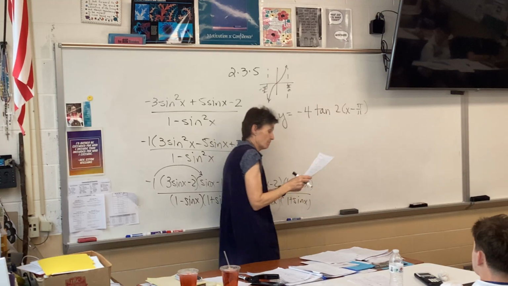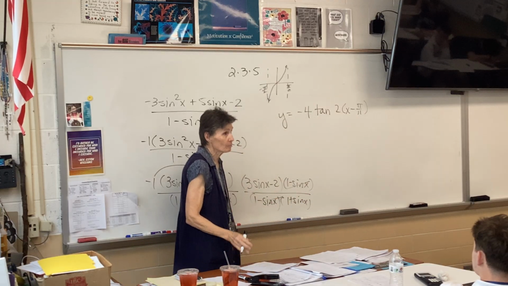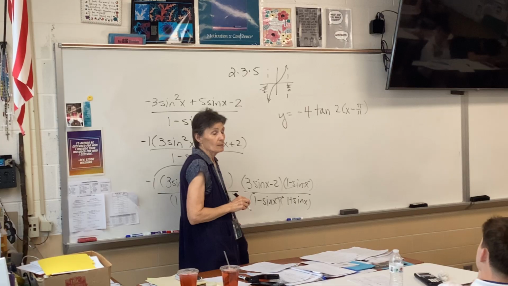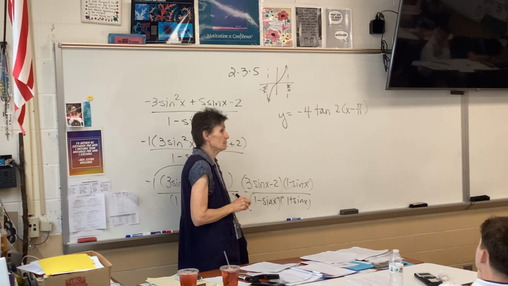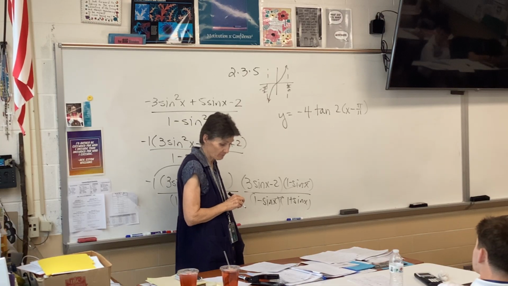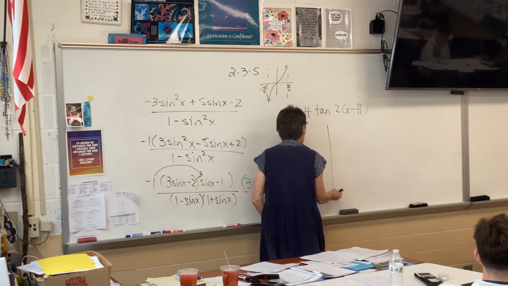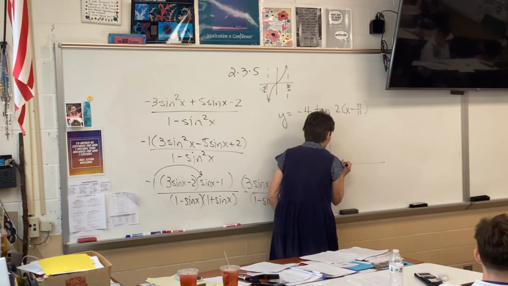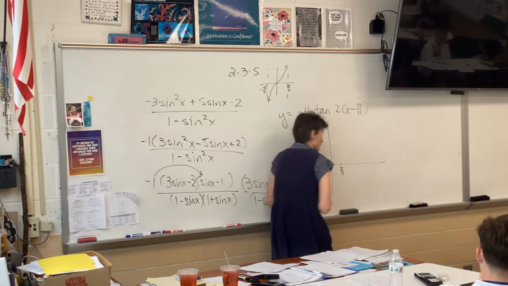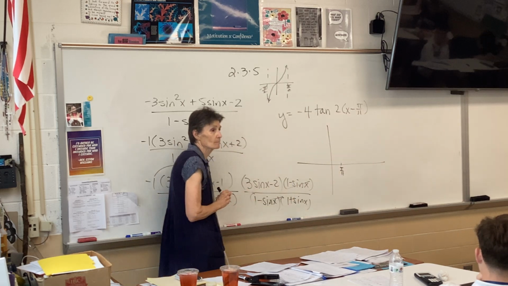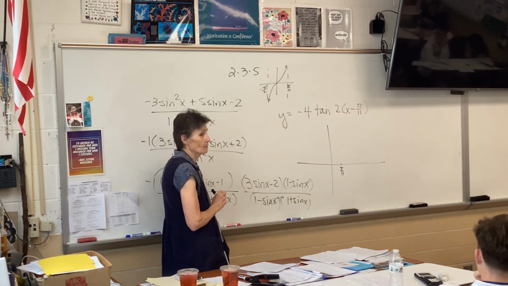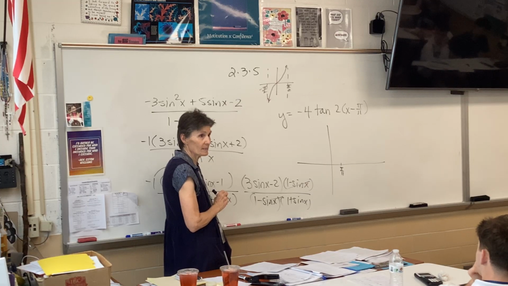Well, first of all, it's going to be upside down, right? And it's been phase shifted, that is moved to the right by pi over 11. Everybody agree with that?